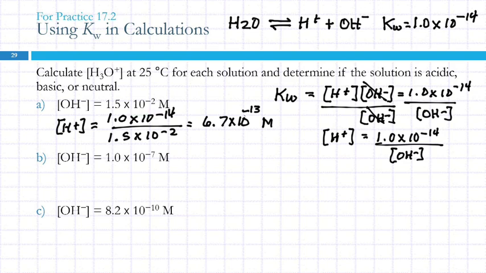Oops, not the minus. Times 10 to the, and then EE negative 14 divided by 1.5 EE negative 2. And what does that give you?